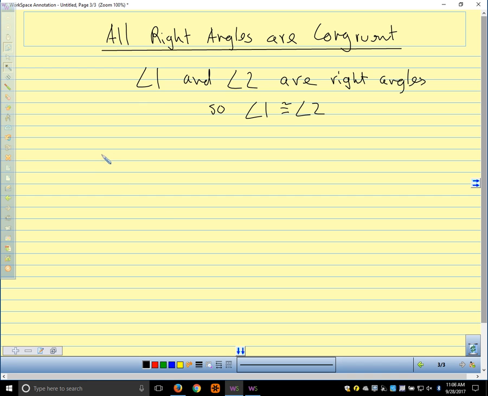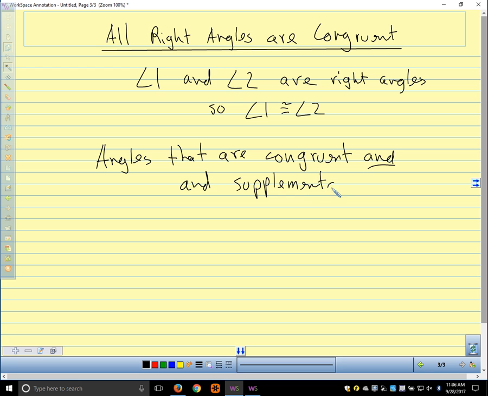All right, and the last one. Angles that are congruent and supplementary are... Let's think about that for a second.